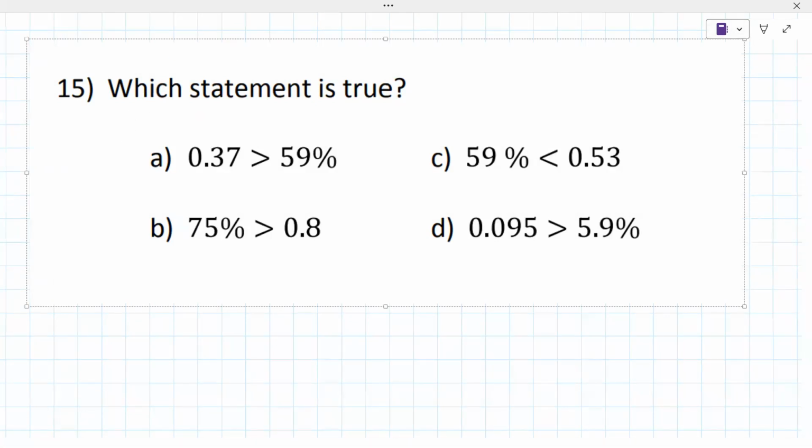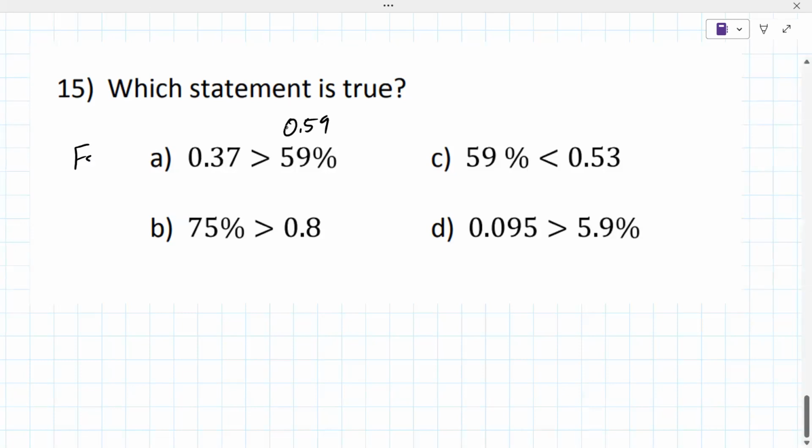And you probably want to go to a decimal for that. It would be false, the first one. This is 0.59, so that is false. So we know it's not A. What about B? That's true. 0.75 and 0.8.